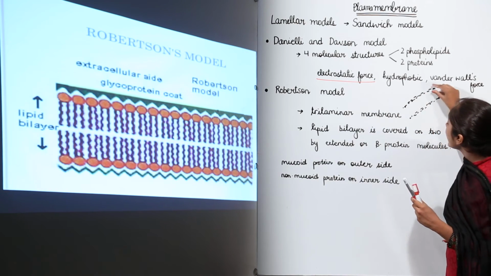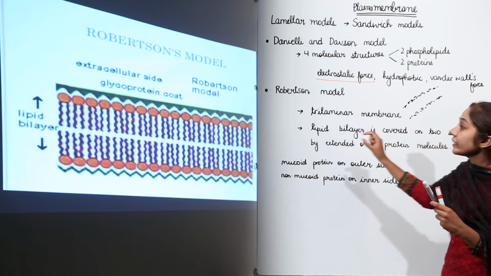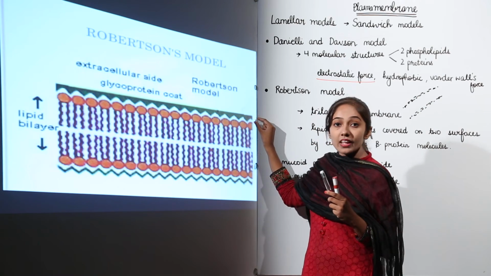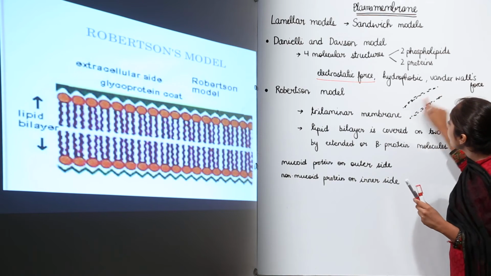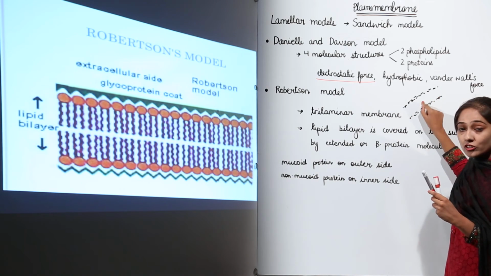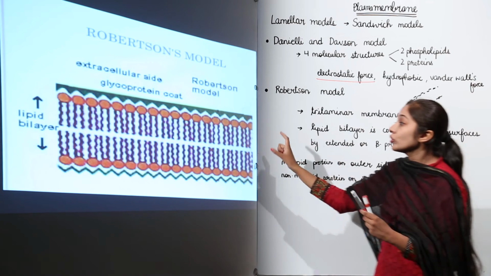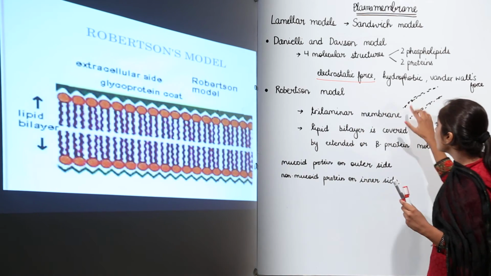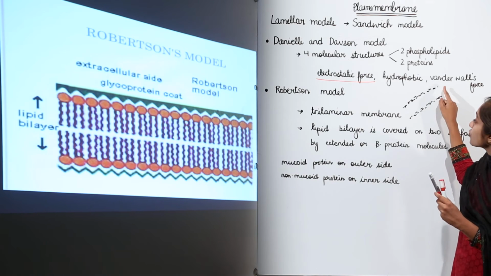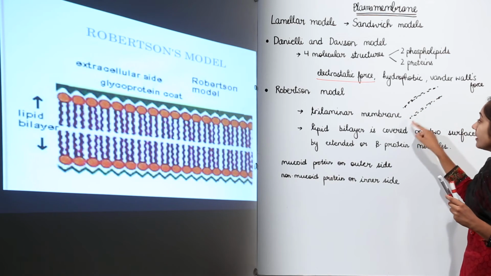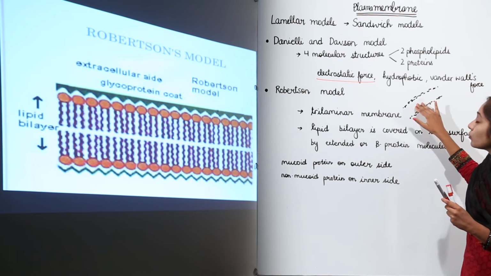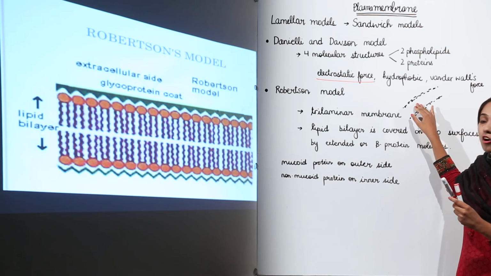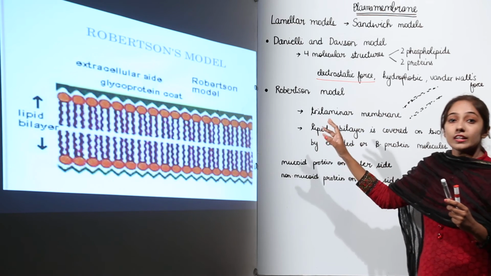These electron dense layers are the protein layers, and the middle transparent layer is the one having the phospholipid bilayer. So the electron dense outer and inner layers are the protein layers, and the middle transparent layer forms the phospholipid bilayer.